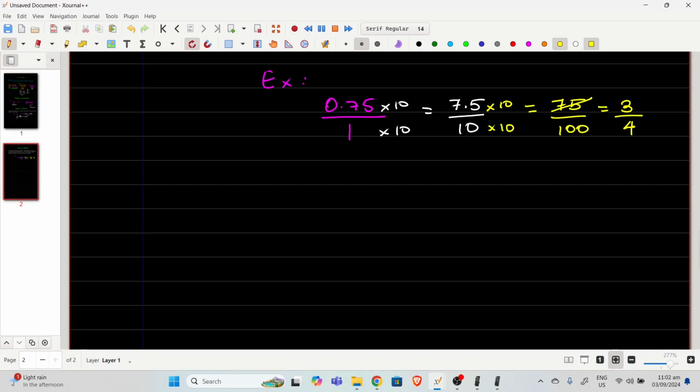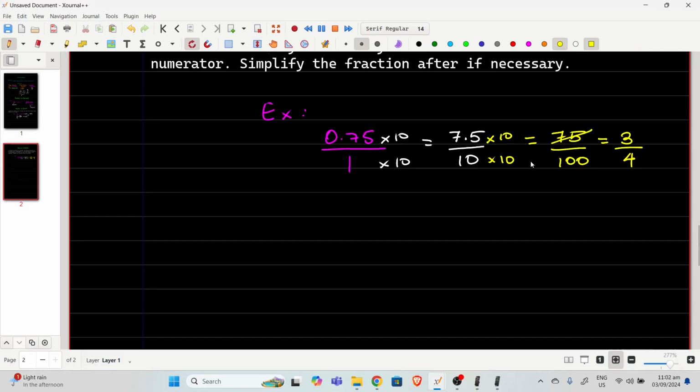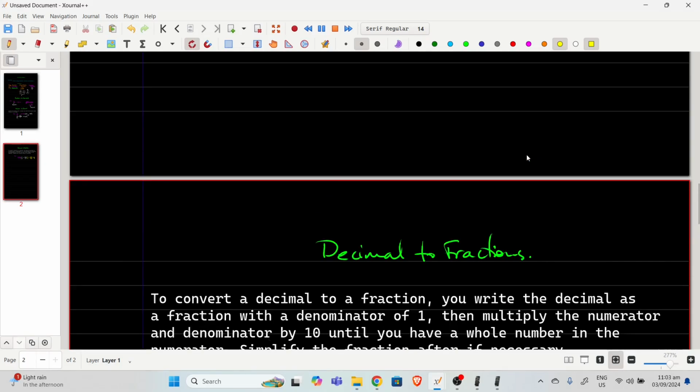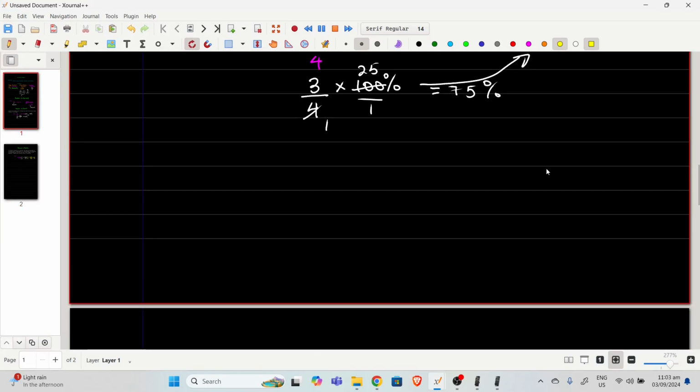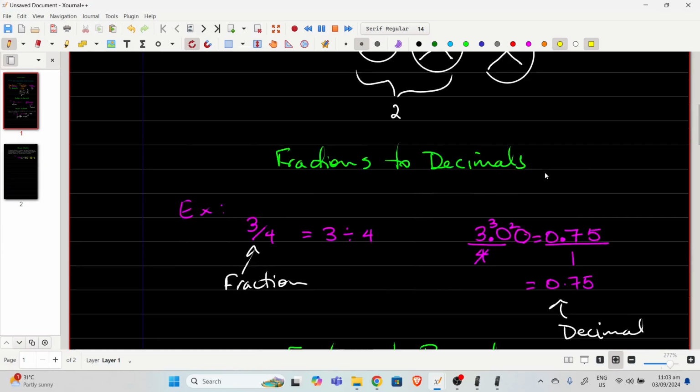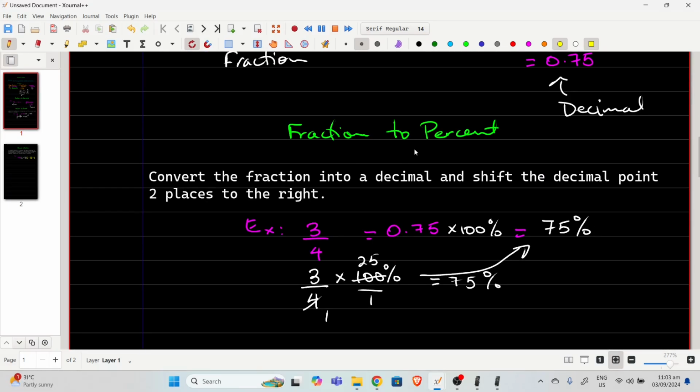Okay, that's it. Let's go down now to the next topic. I did decimals to fractions. Now I need to go from decimal to percentages. It's the same exact thing that you would follow. It's just that you'd be given a number in this form and then you just shift the decimal point.